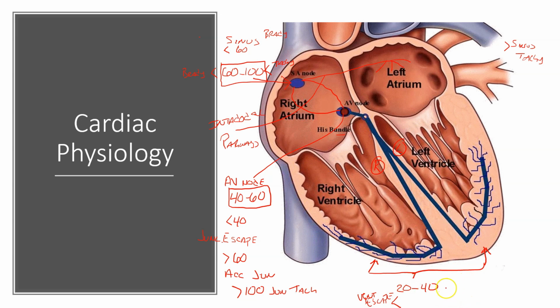If it is above 40, then it is usually an accelerated idioventricular rhythm. And typically once we get over 100 to 150, this is when we start calling it a ventricular tachycardia. So it could be greater than 100 to be considered a tachycardia.